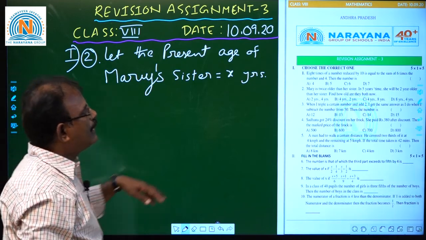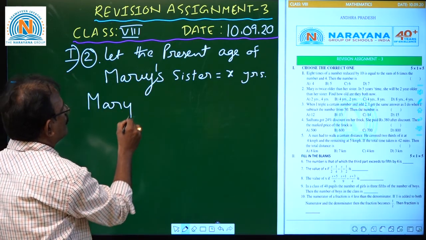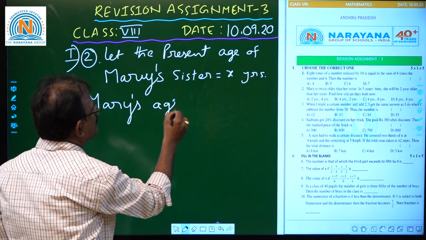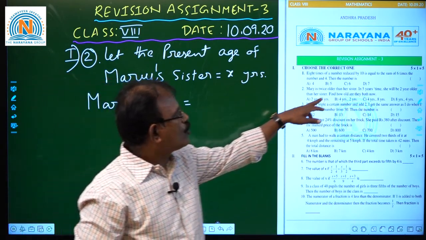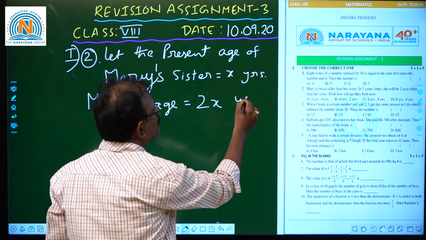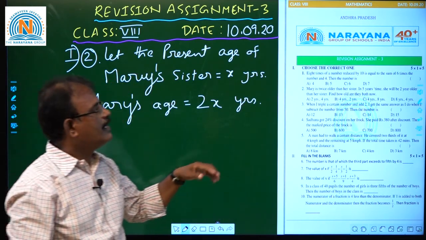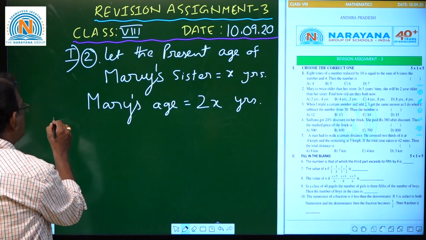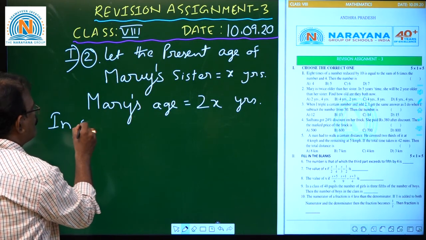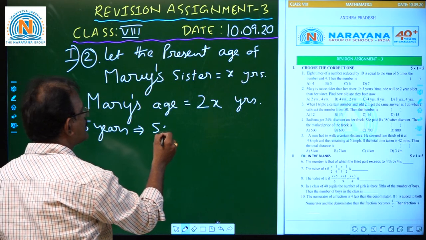Then what is Mary's age? Mary's age is twice her sister's. Twice means multiply by 2, so 2x. These are the present ages of Mary and her sister. In 5 years, what is the sister's age?